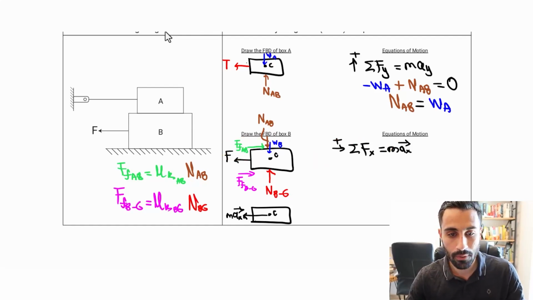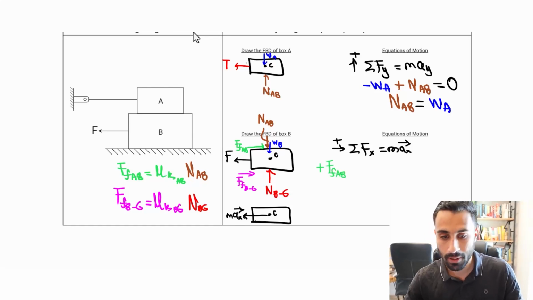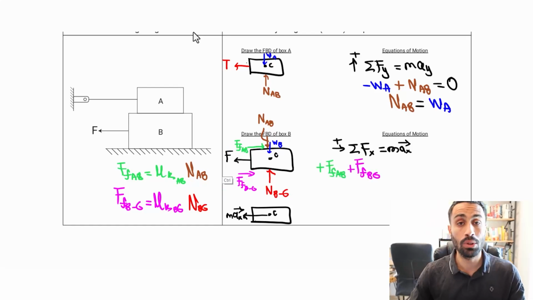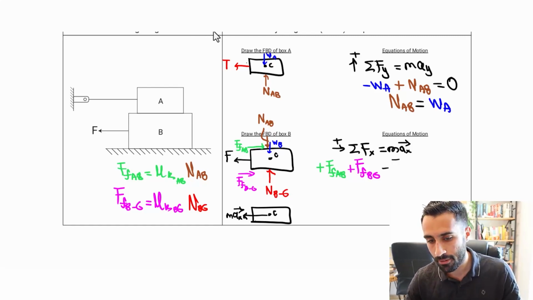The force of friction AB is positive. Then we do the positive force of friction between B and G. That one goes to the right. Now this force, the pushing or pulling force, is going to go to the left. So that would be negative F for this one. And that would be everything in the x equals mass times acceleration in the x.